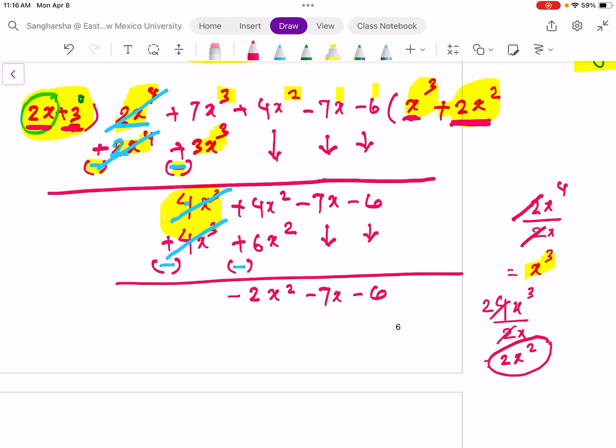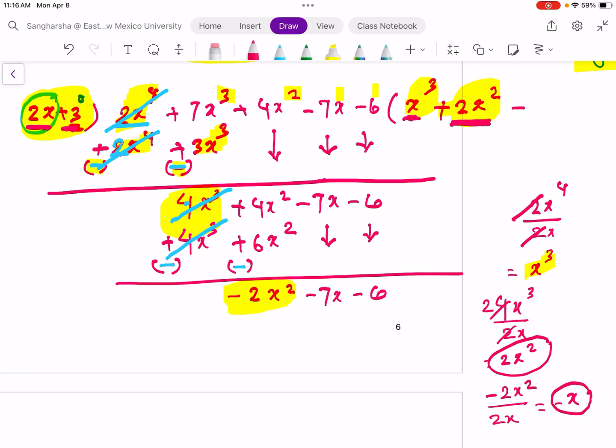We repeat the same process. You take the leading term. So negative 2x squared is the leading term, and we divide this leading term by the leading term of the divisor. Negative 2x squared divided by 2x is negative x, and this is another term for the quotient.